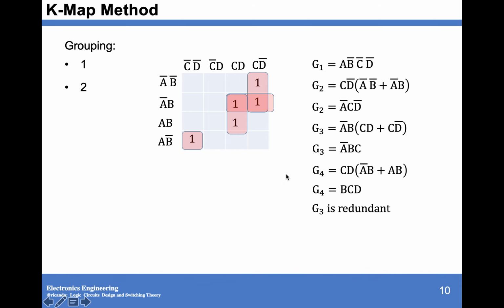But group 3 is redundant because one of its values is used by group 2 and the other one is used by group 4. Therefore, your y equals G1, G2, and G4, or y equals your group 1, this is your group 2, and this is your group 4.